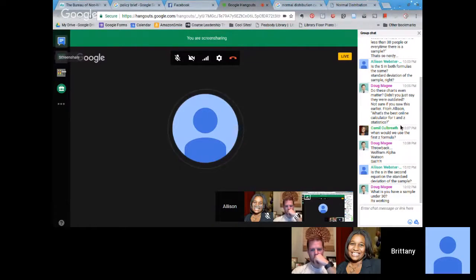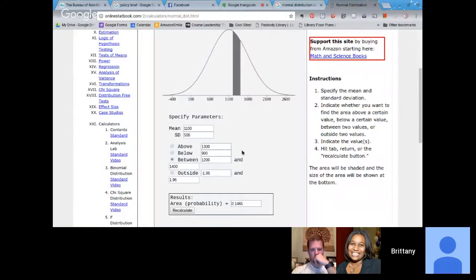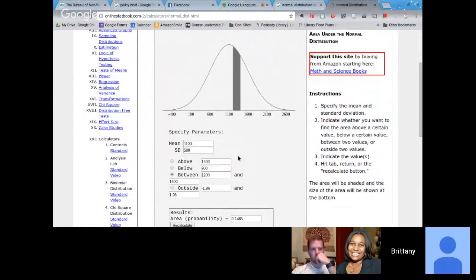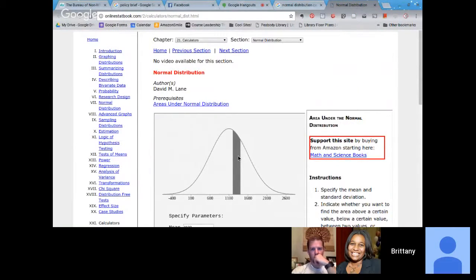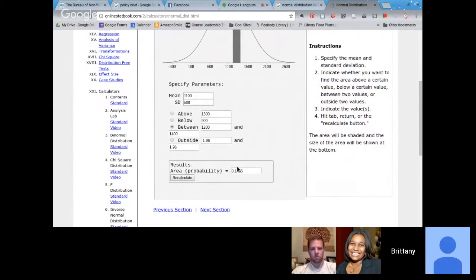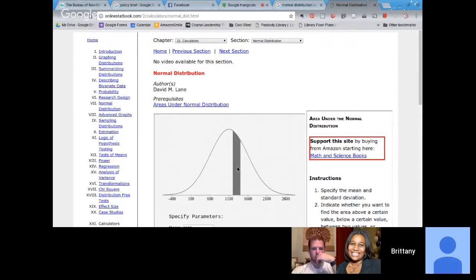I kind of just wave my hands and it works. But this is what I absolutely recommend if you ever need to know a percentage or a probability from the normal distribution: just grab the first normal distribution calculator that you can find. Okay.